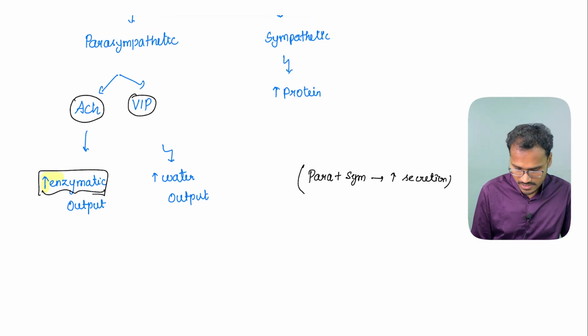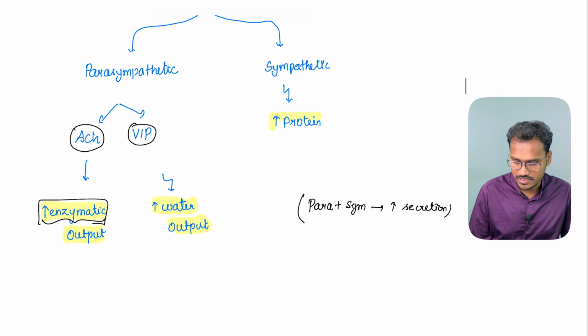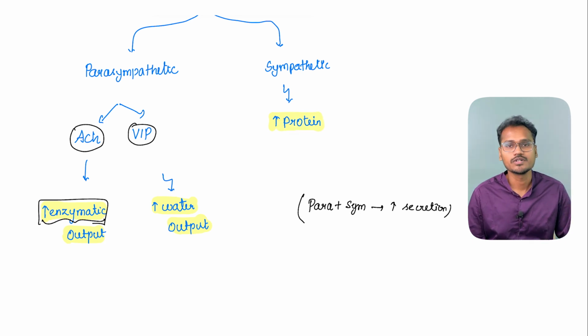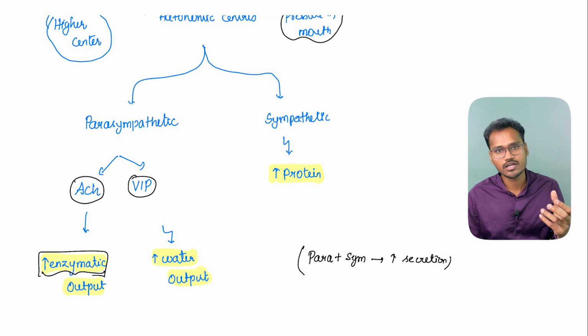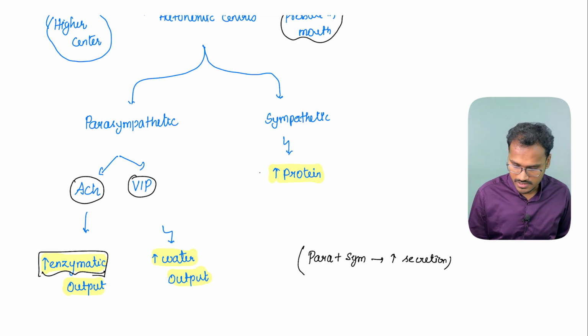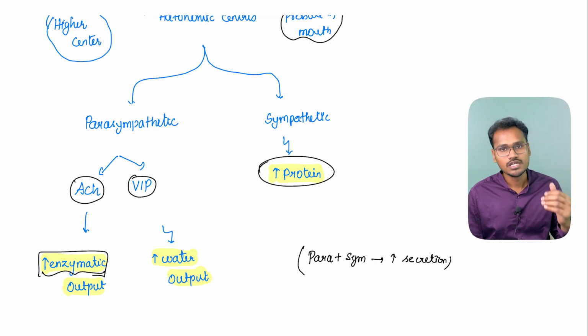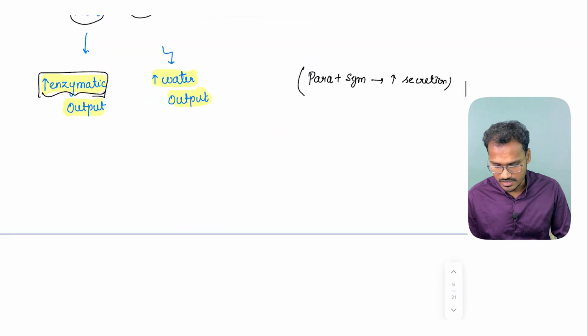Parasympathetic will help to increase the enzymatic output and the water output, whereas the sympathetic system will help to increase the protein output. First, the autonomic centers will go to the ganglia like the otic ganglion and submandibular ganglion. Then the parasympathetic system will increase the enzymatic output and water output, and the sympathetic system will increase the protein output. So this is how the saliva is being regulated.